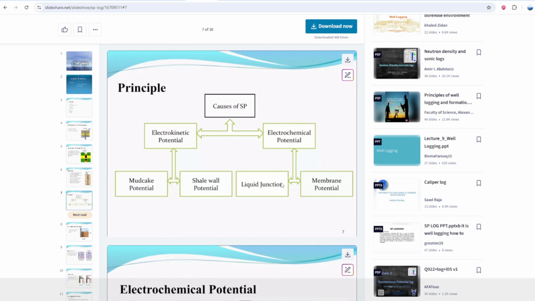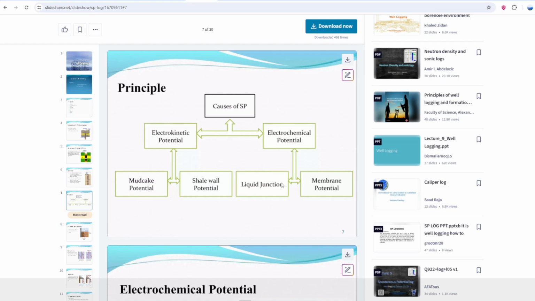The electrokinetic potential relates to movement of fluids. So if we have different differential pressures, we are going to have more fluids invading, or more fluids coming from the formation to the well.